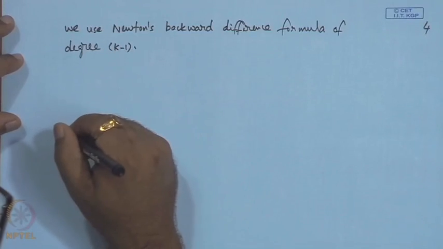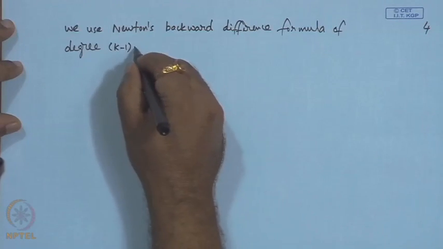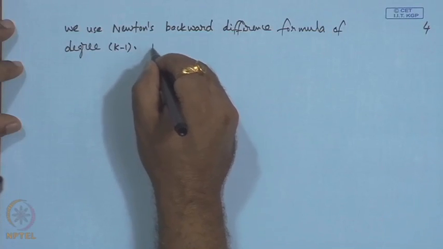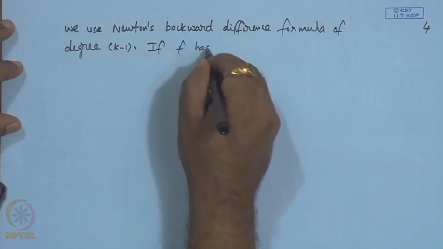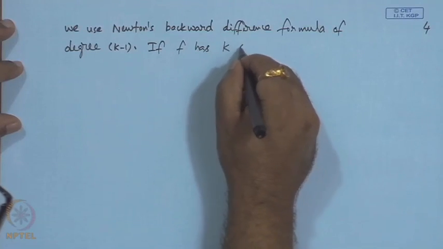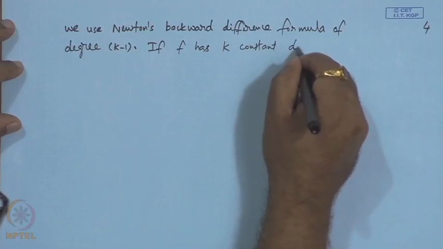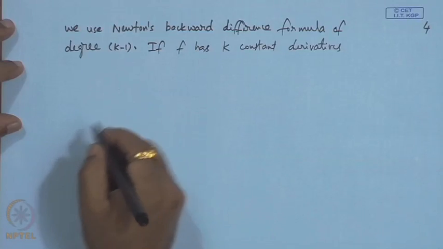Okay. Now, in order to use this, we have to assume that f has k constant derivatives.